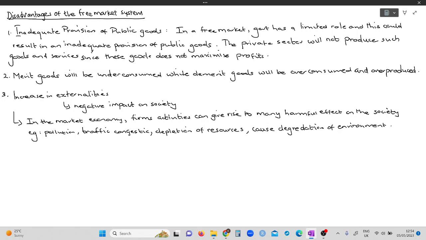Ok, c'est plus increasing negative externalities. Donc, such effects definitely will harm the society in the long run. D'accord? Et dans le gouvernement, bien sûr, the government, they have environmental laws. Ok, il y a la loi dans la constitution qui prévient de faire du tort à l'environnement et même aux autres de la société.